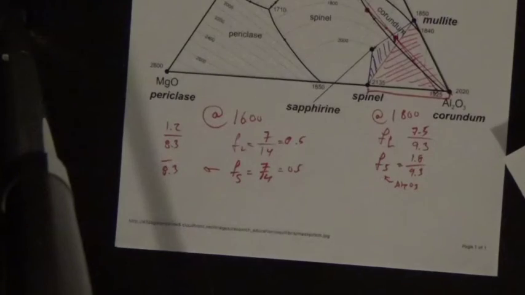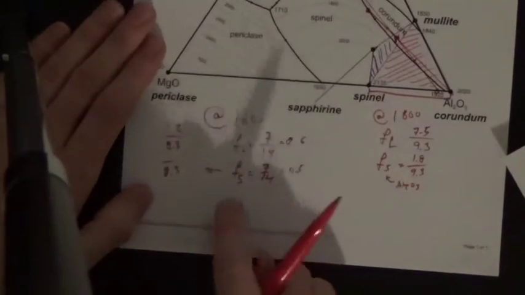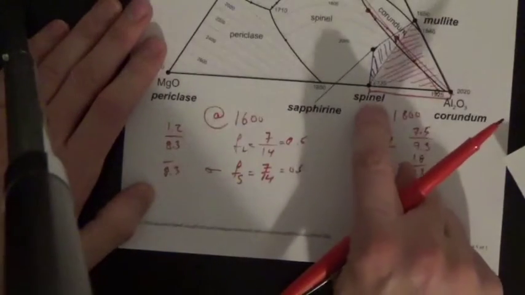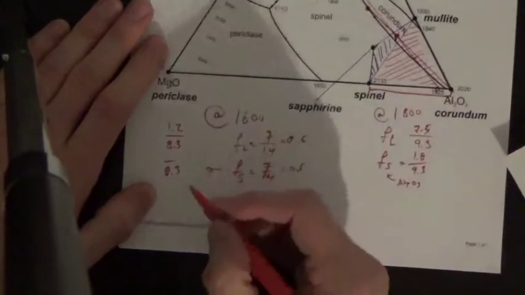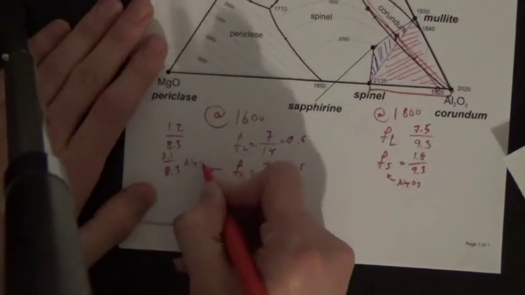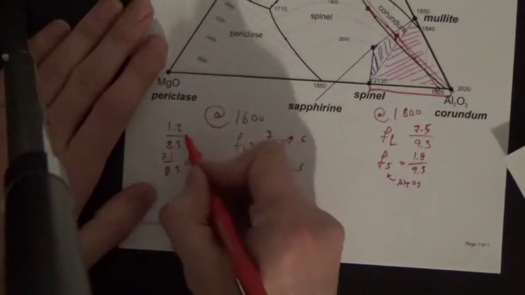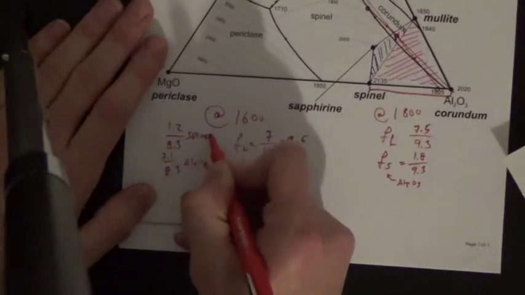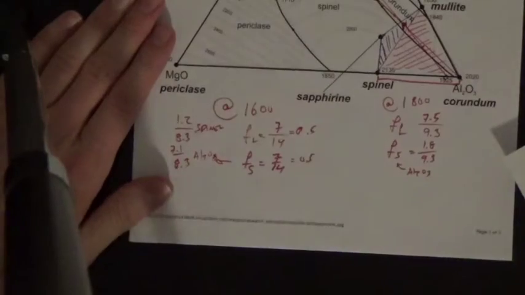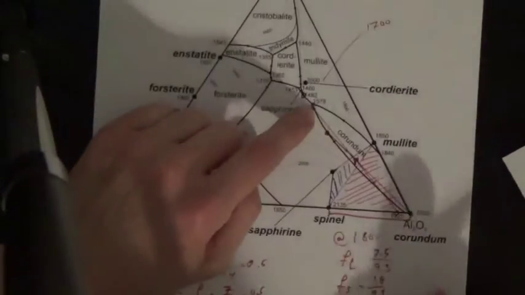And that means the fraction of corundum is going to be 7.1 over 8.3, which is Al2O3 and spinel.